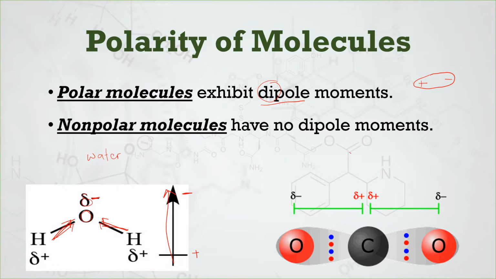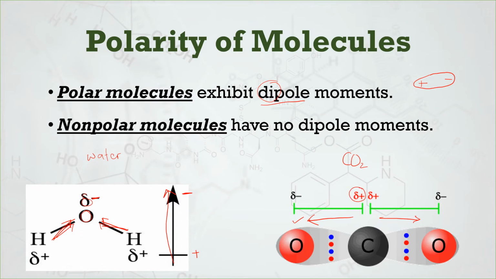While on the carbon dioxide in here, as you can observe, since oxygen is more electronegative than the carbon, it pulls the shared pairs of electrons closer to itself. So the electrons in here, the movement will be towards the oxygen since oxygen is more electronegative. Hence, it has a partial negative charge for oxygen and partial positive charge for carbon.